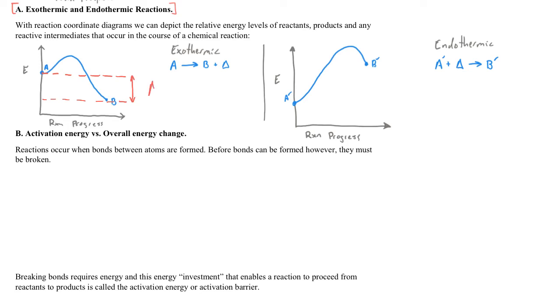So we subtract the energy of A from the energy of B, and we get something called delta H of the reaction, otherwise known as the heat of reaction, or otherwise known as the enthalpy for a reaction. And this tells us how much heat would be released in the case of an exothermic reaction, but it would also tell us the amount of heat that would be absorbed in an endothermic reaction. So that's delta H for a reaction.